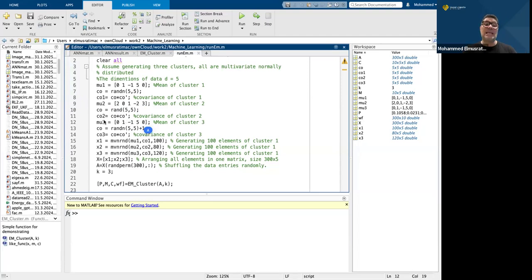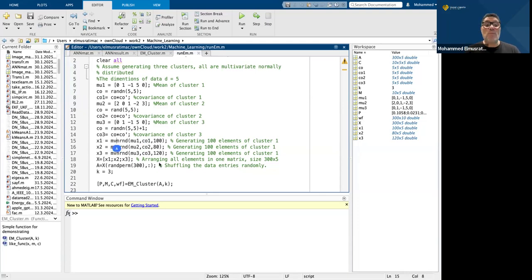So we have the second covariance matrix, and then the third cluster has this mean, which is also different than the previous means, and also I generate a different random covariance matrix, and then I multiplied it also with the transpose. So we have a different covariance matrix for each cluster.